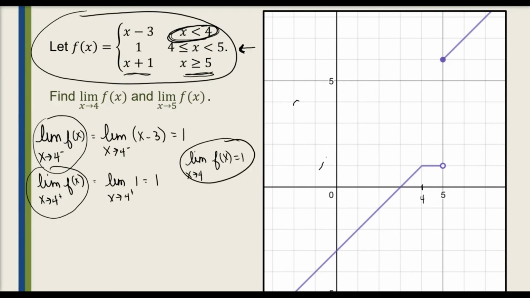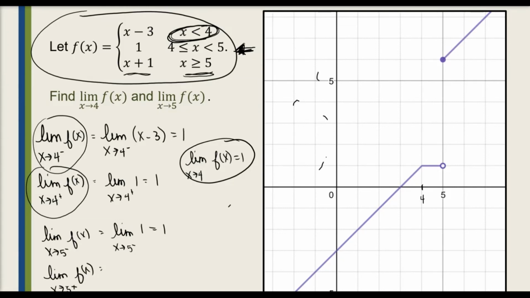And if we want to find the limit as x approaches 5 from the left, well, when x is immediately to the left of 5, it looks like the function is again defined using this middle piece. So we would be finding the limit as x approaches 5 from the left of just the function 1, which of course is just 1, and the limit as x approaches 5 from the right of f of x.